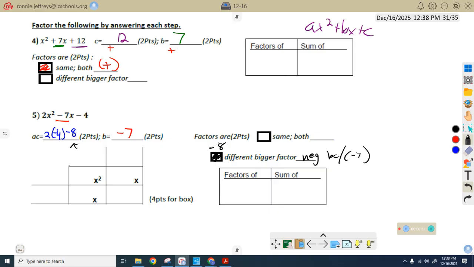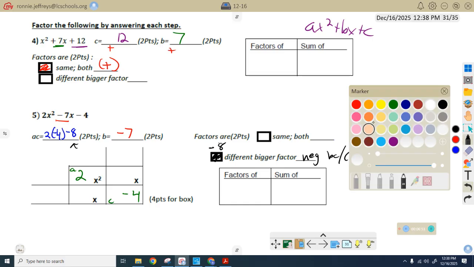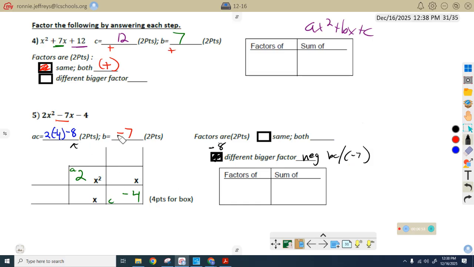All right, when it says the box, this is all you have to do for the box. A goes here, C goes here, and then our factors. Well, factors of negative 8, that'd be negative 8 and positive 1. So this right here, this is all you really have to do, that I've circled in red, because it's 4 points for the box.